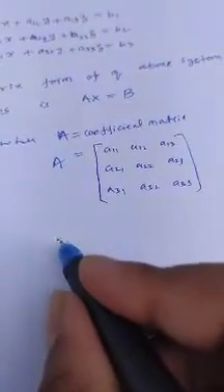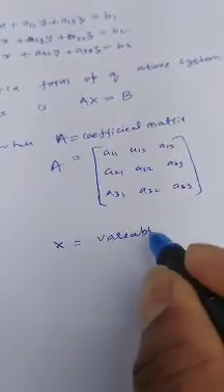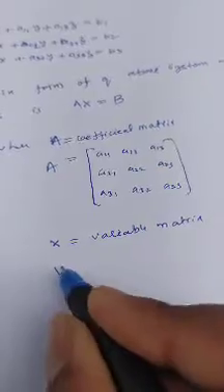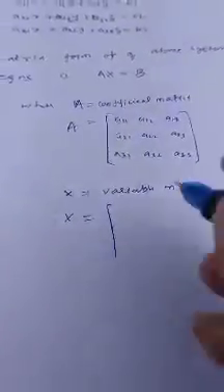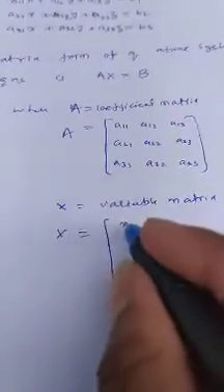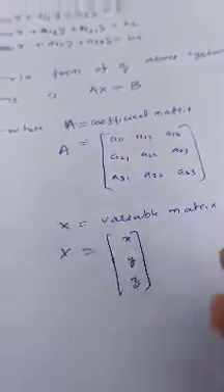Similarly, capital X is the variable matrix, which is obtained by taking the variables in the system of equations as a column. So how many variables are there? X, Y, Z. So we take the variables as a column matrix.